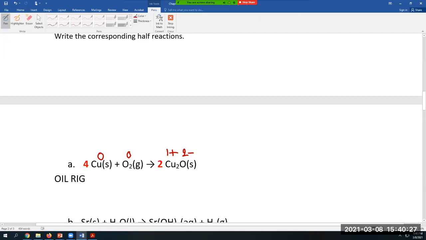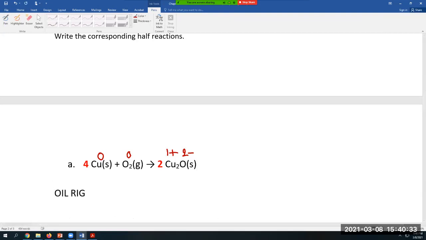So let's write the half reaction for that. We will move here and write Cu in its elemental state, as a solid, will become Cu+.